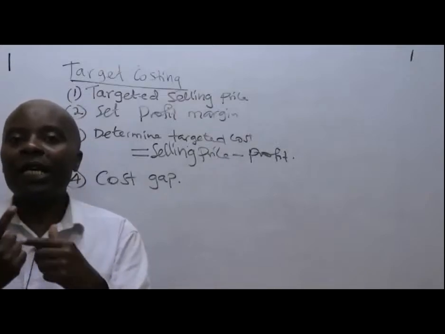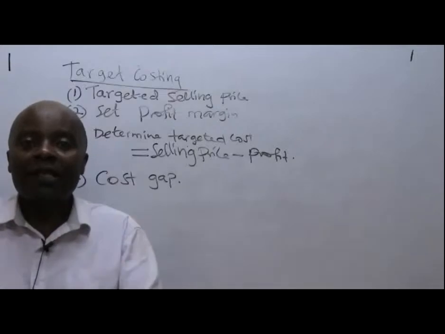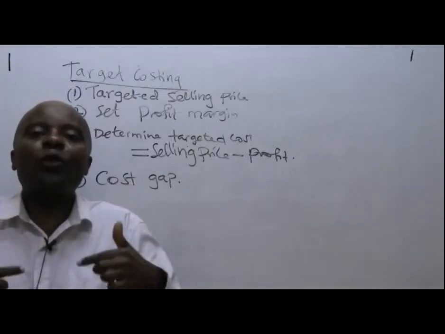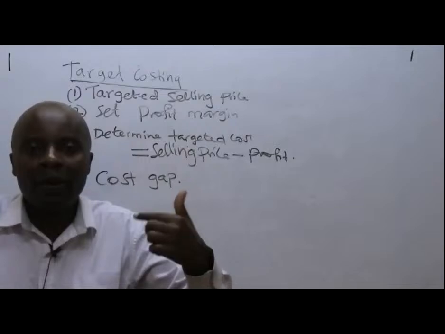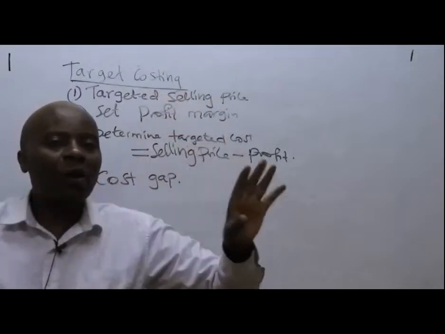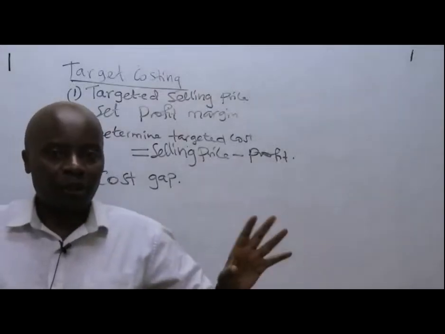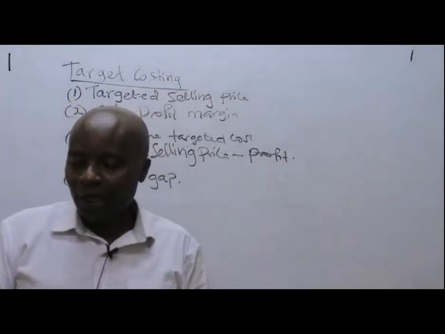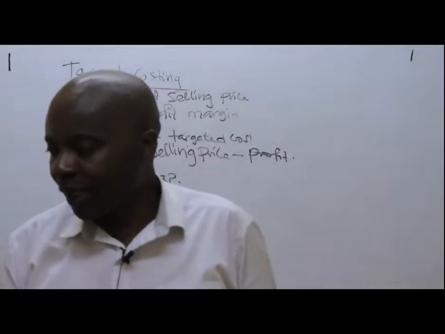And when we start our production, should we realize that our actual cost is going to be more than our projected cost, then straight away we should stop our production exercise.